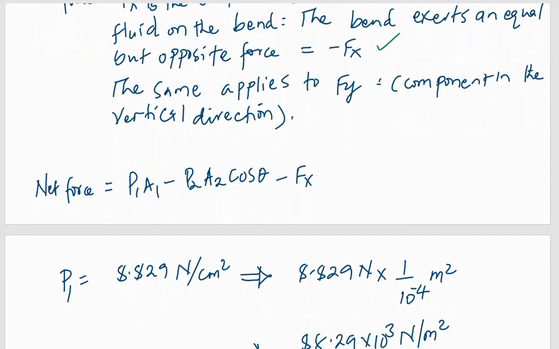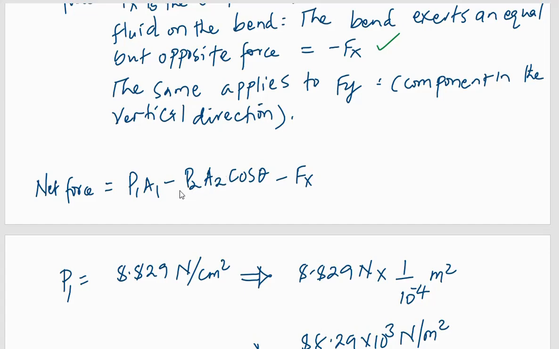Therefore, the net force will be, remember, due to pressure at section 1, P1 times A1, because we know that pressure is equal to force over area, meaning that the force due to that pressure will be pressure times area at that section. Since this pressure is acting in the opposite direction, the force it exerts will also act in the opposite direction.